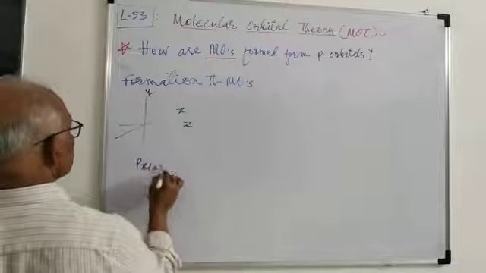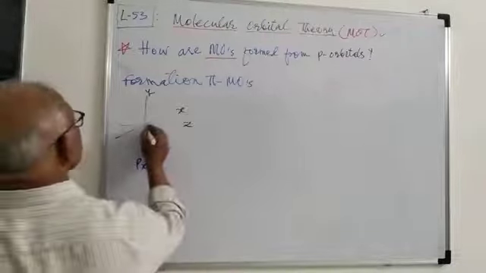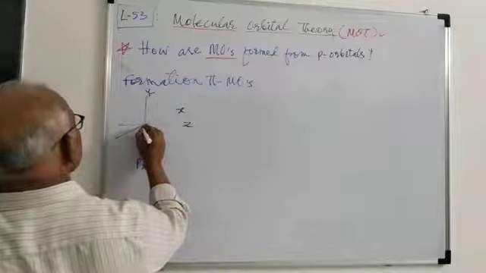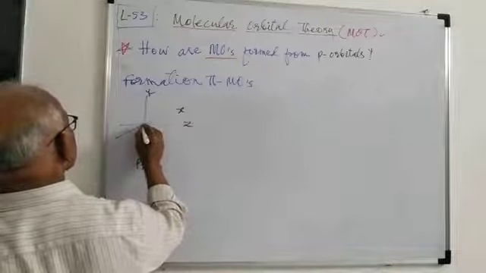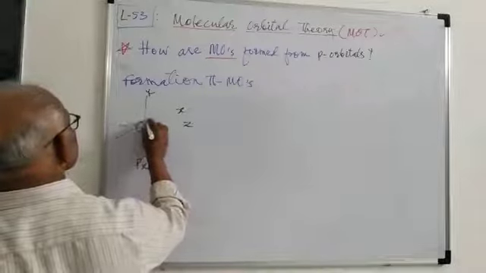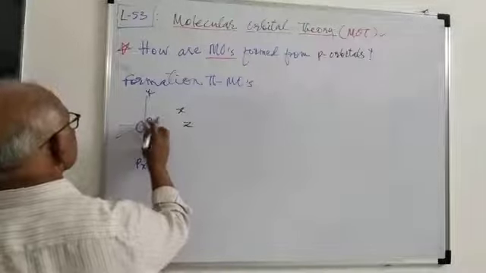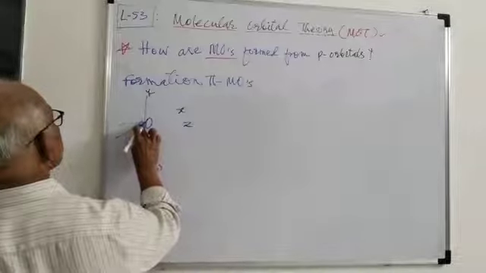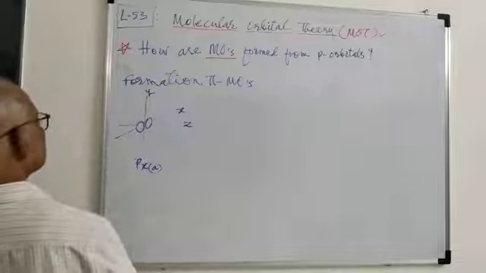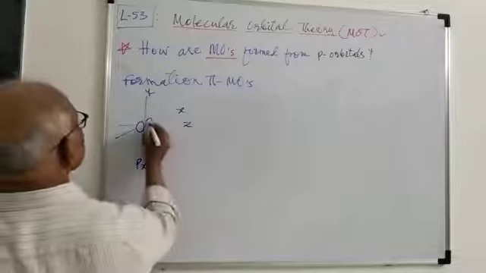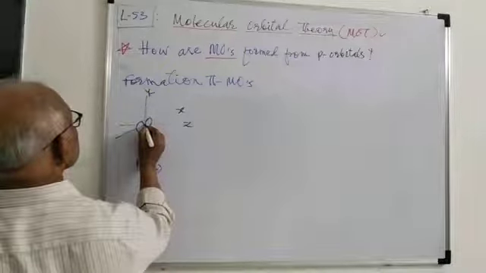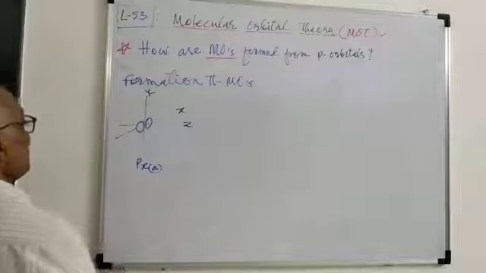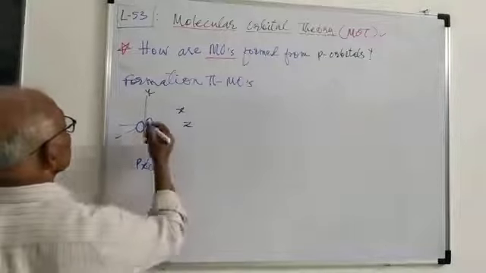Say this is pxa. So here the pxa will have the electron cloud like this. So the electron cloud is oriented in this way. Like this. And the signs of wave functions are like this.